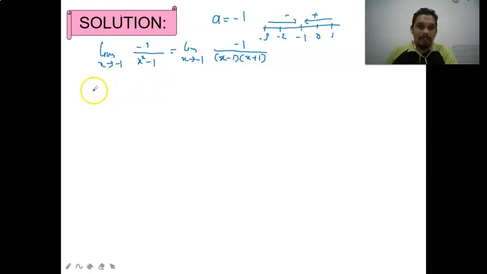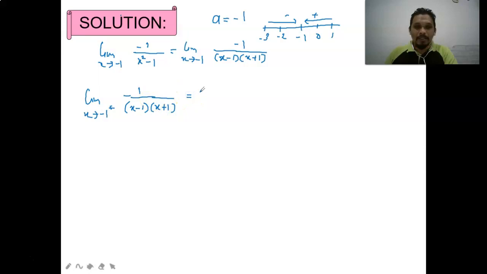Now, the limit as x approaches negative 1 from the right side of the function negative 1 divided by, take this one here, (x minus 1) and (x plus 1).